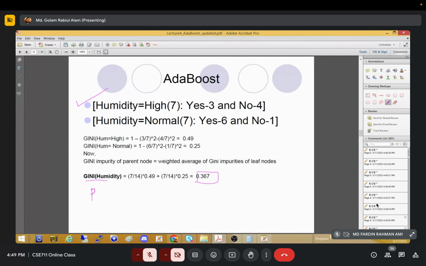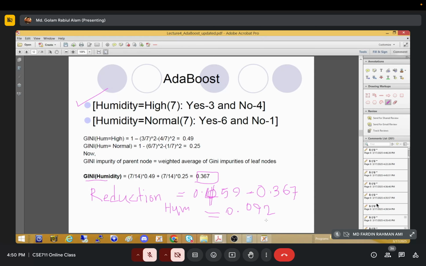Then the reduction by humidity: you will get 0.459 minus 0.367, which is 0.092.